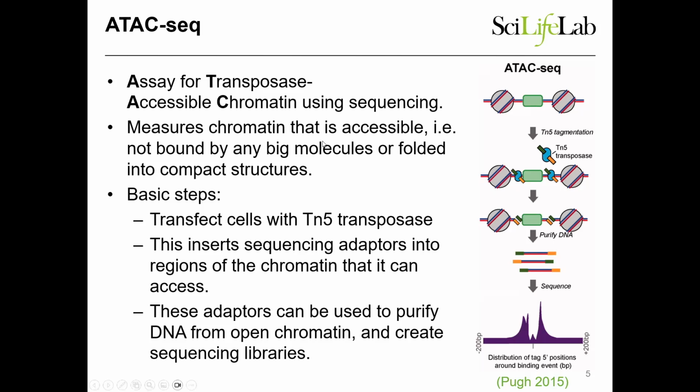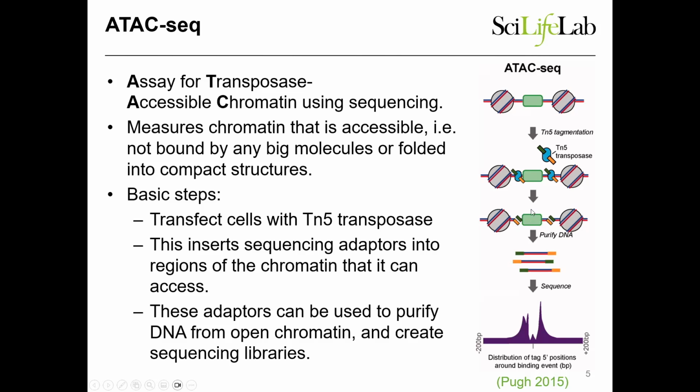And the way this works is that you have this Tn5 transposase, and you transfect the cells with this transposase, and it inserts itself into the genome. And this transposase has been a bit modified, so it actually inserts sequencing adapters into the genome.